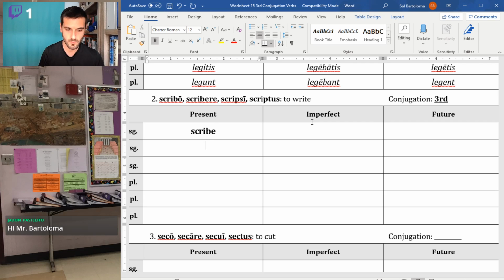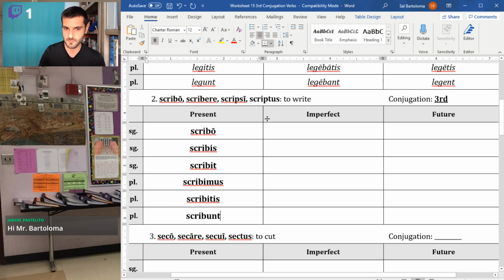Scribo, scribis, scribit. And of course it auto-corrected me, so always watch out for that. Scribo, scribis, scribit, scribimus, scribitis, and scribunt. Okay? So o, is, it, imus, itis, unt is our third conjugation pattern.